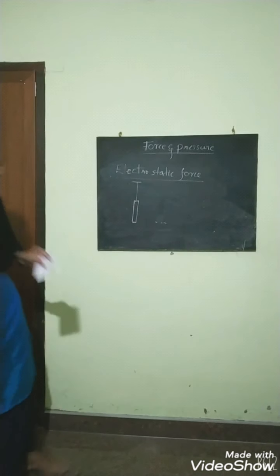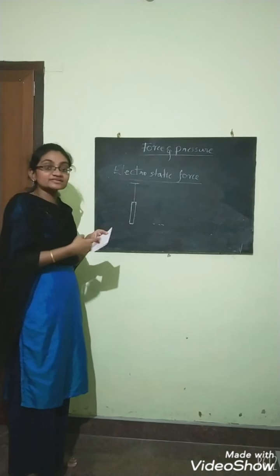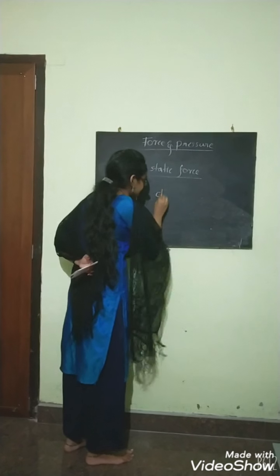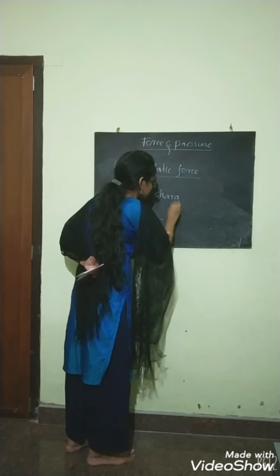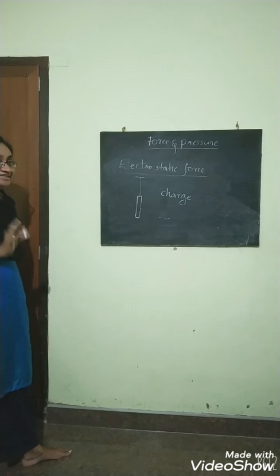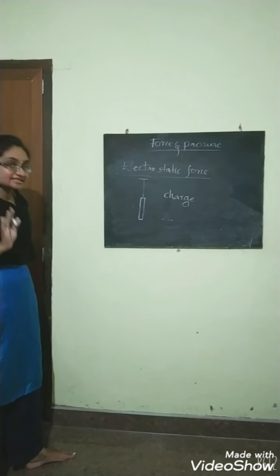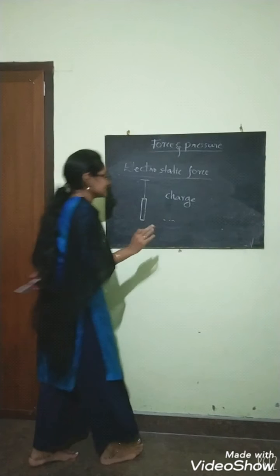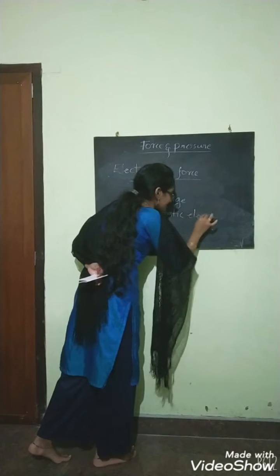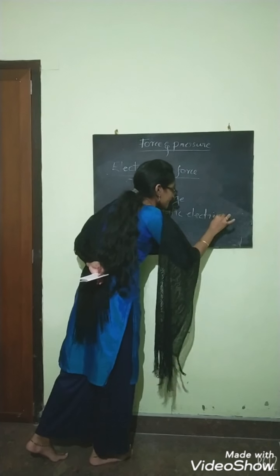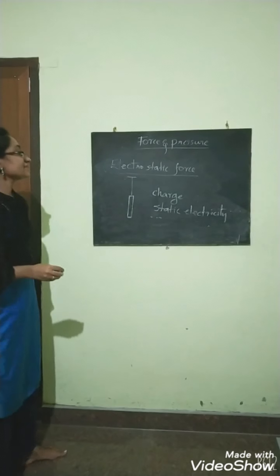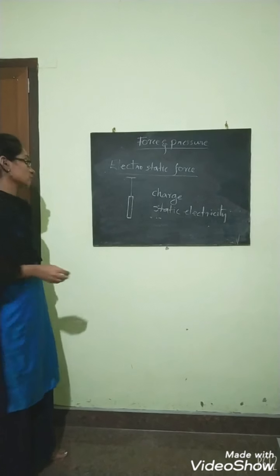When I rub this straw on this paper, a charge accumulates. This charge is not moving, it is static, and that electricity is called static electricity.